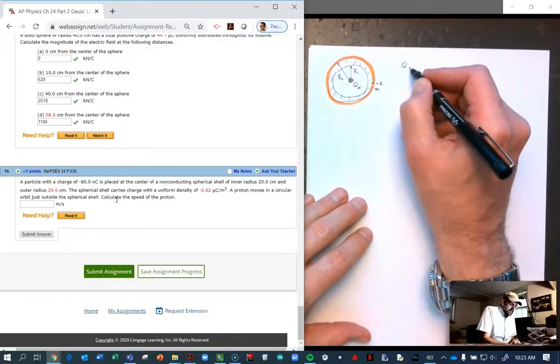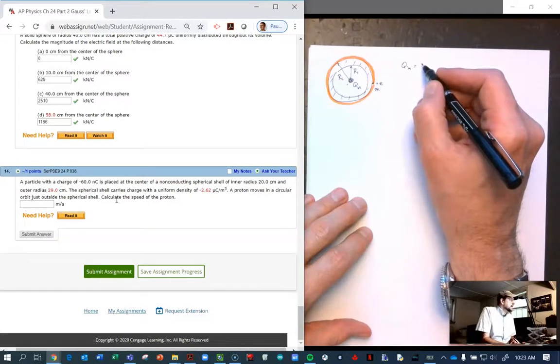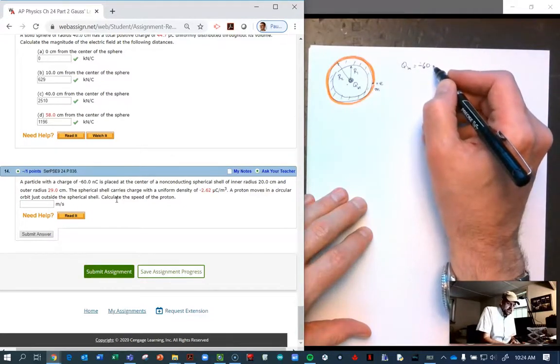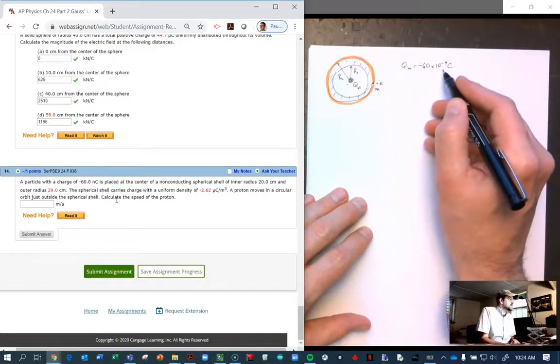So let's write some of our knowns. The Q on the inside, for me, it is actually for everybody, it is minus 60 nanocoulombs. Finally, we got something inside the micro, so it's 10 to the minus 9.